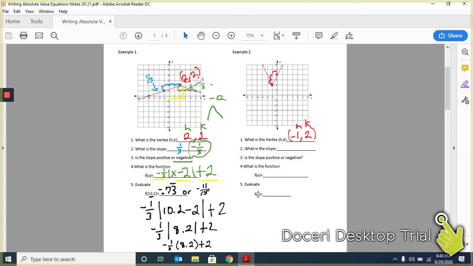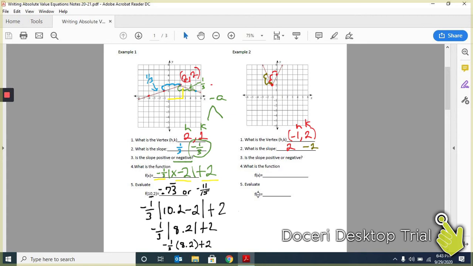So my slope is going to be 2 over 1, or just 2. And if I did the other side, this point right here, I did 1, 2 over, that will give me a negative 2. Okay.